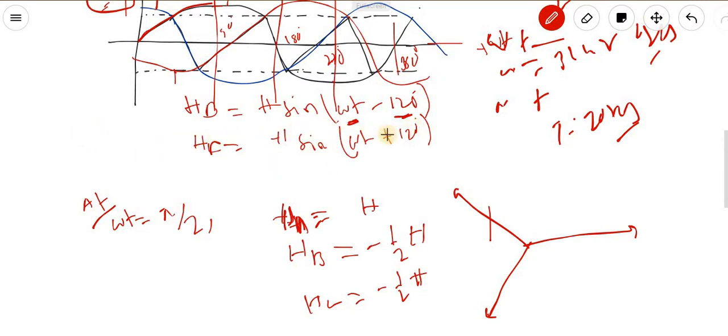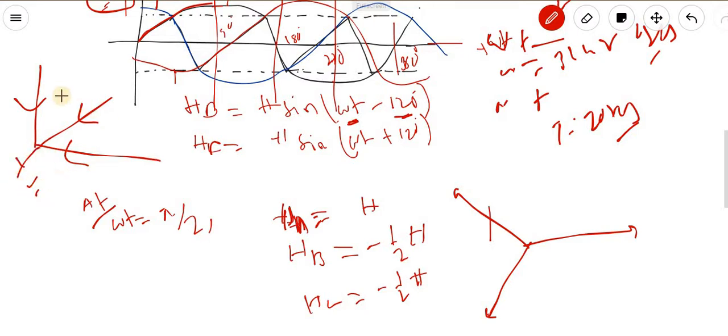As I explained, like a river, here it is summing and we are getting one point.